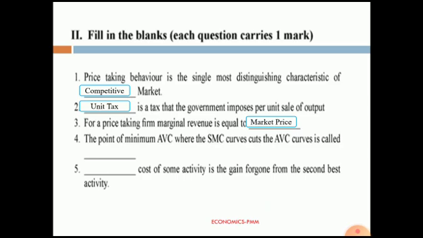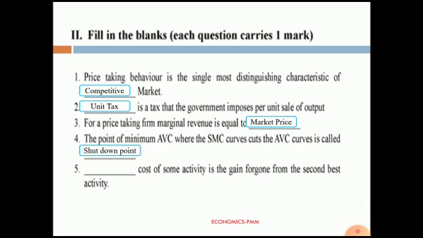Next, fourth one, the point of minimum AVC, that is average variable cost, where the SMC curve cuts the average variable cost curve, is called shutdown point. Why is it called so? Because beyond this point, if the producer is continuing the production, he will incur loss, or he has to face the high cost.